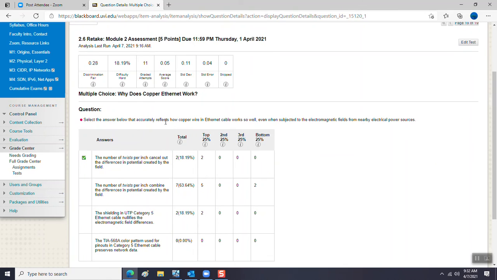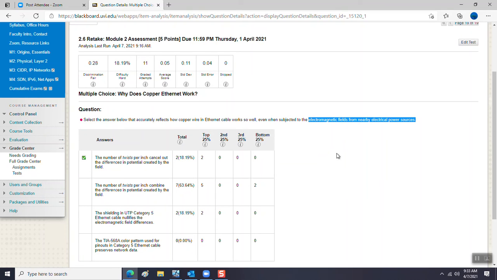Select the answer below that accurately reflects how copper wire in an Ethernet cable works so well, even when subjected to electromagnetic fields from nearby electrical power sources. In slides from the author and in your textbook and in other online references in the study guide, it basically shows that there's electromagnetic interference, and if you have untwisted wire, there's a disproportionate amount of interference for the copper wires that are closer to that power source and less for those that are further away.